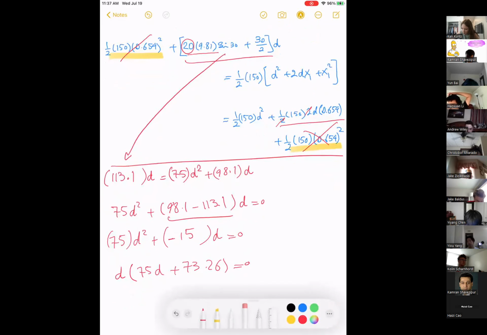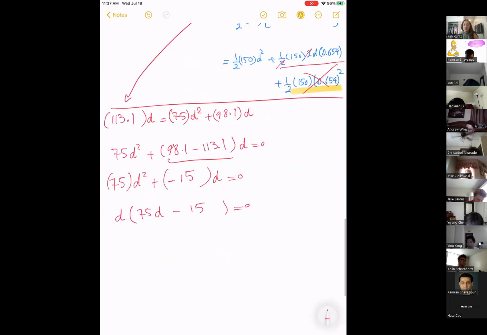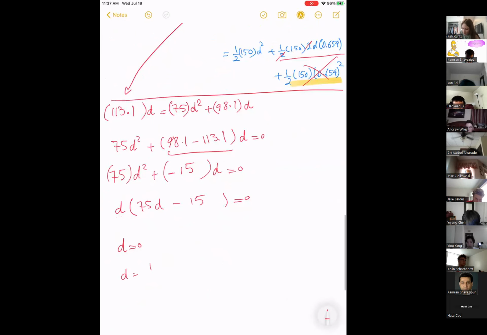Then this becomes minus 15. Okay. The mistake was here. I put 2 instead of 20. The mass is 20 kilogram. Now you get D equals 0, or D equals 15 by 75, which is 0.2 meter.